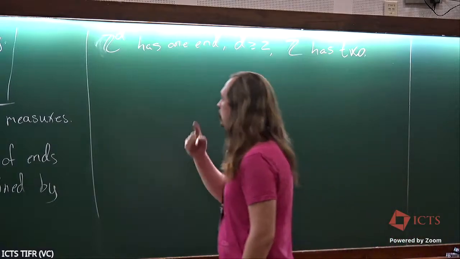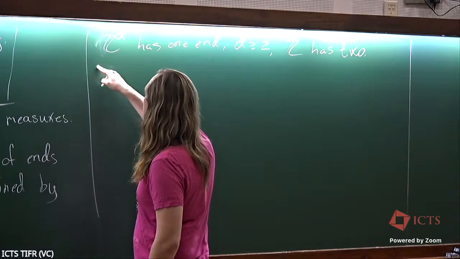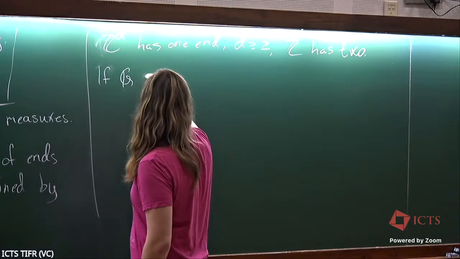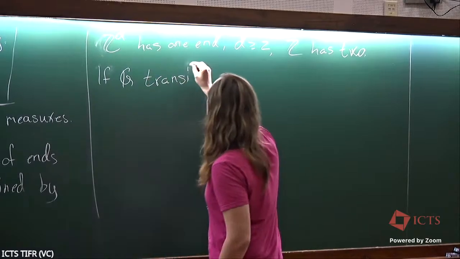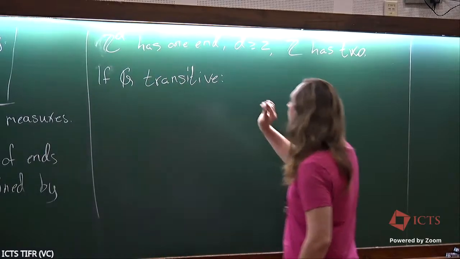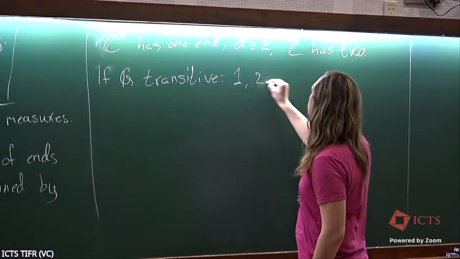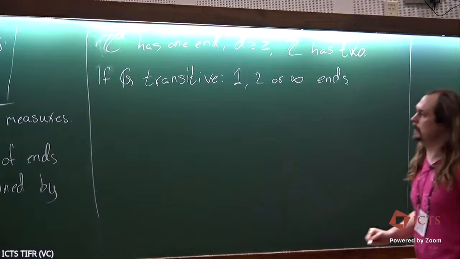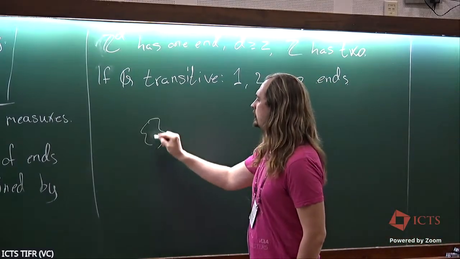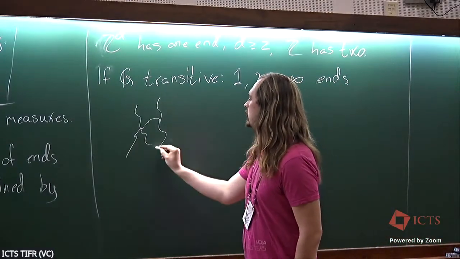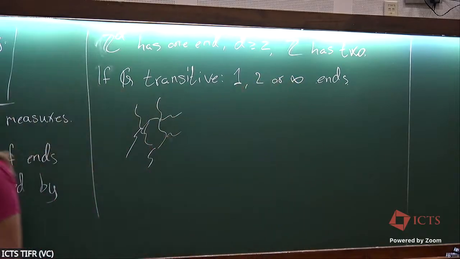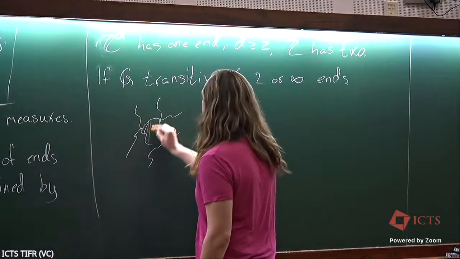Right. So let's just remark what I said before to Subhajit. If G is transitive, there are only 3 possibilities, namely 1, 2, or infinitely many ends. Why? Because suppose somewhere you had some finite graph where upon removing it, you obtain 3 ends or 3 infinite components.